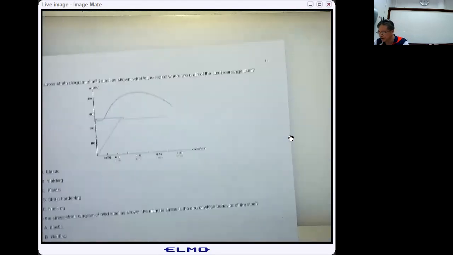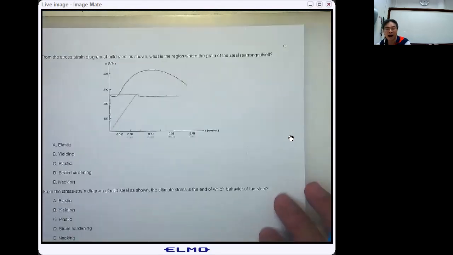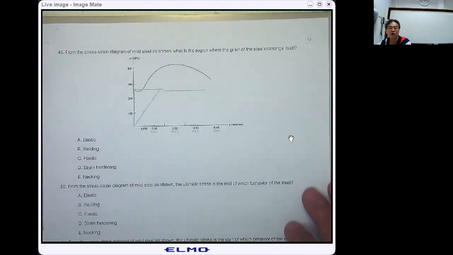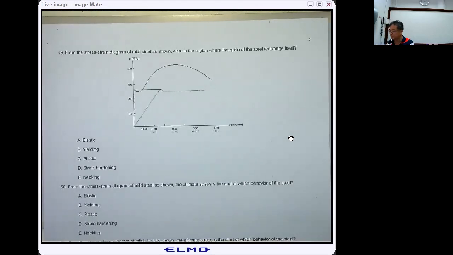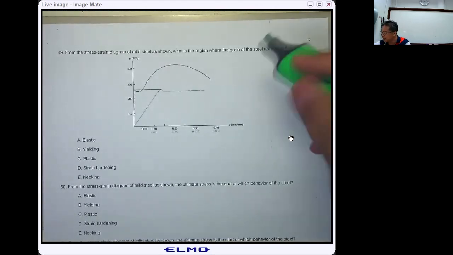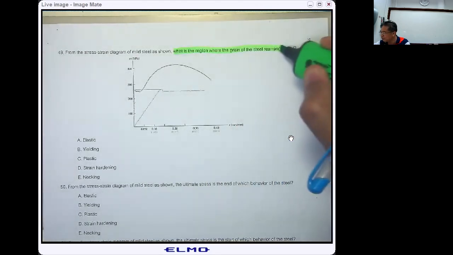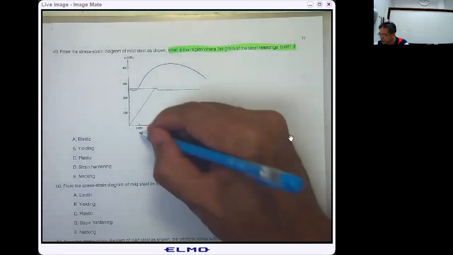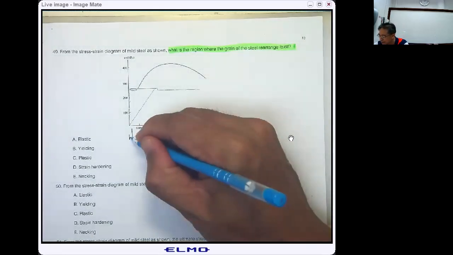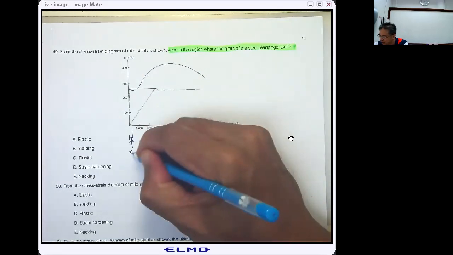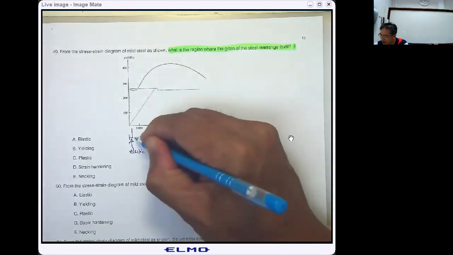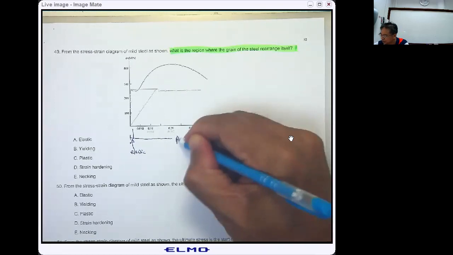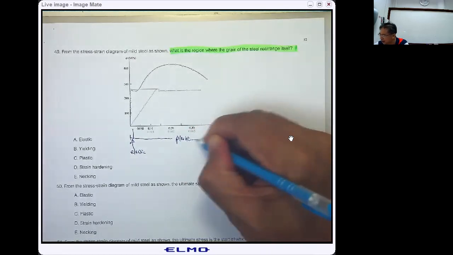Problem 49, we have a graph, from the stress strain diagram of the mild steel as shown. What is the region where the grain of steel rearranges itself? You got to understand the behavior of this one can be classified into elastic, and the other is classified into the plastic.